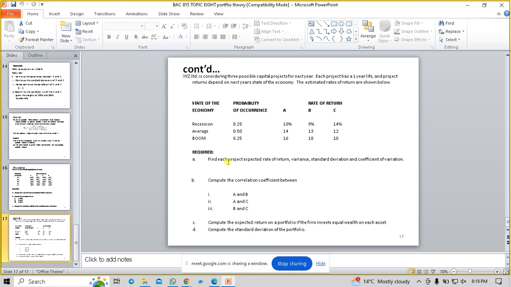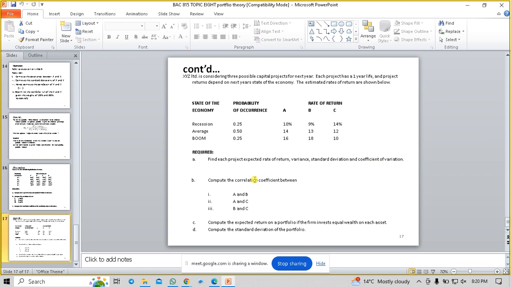Find for each. So here I've been given 3 securities, A, B and C. We are told to find the expected rate of return for each. So it is each and every one. Then variance, which is when there is no square root, standard deviation, coefficient of variation. A good question.